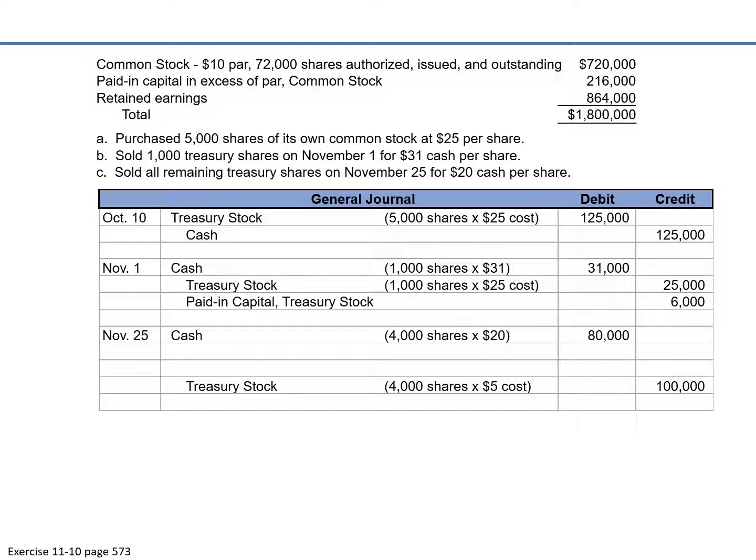Should be 25,000. So our 25,000 are 4,000 shares times $25 per share.